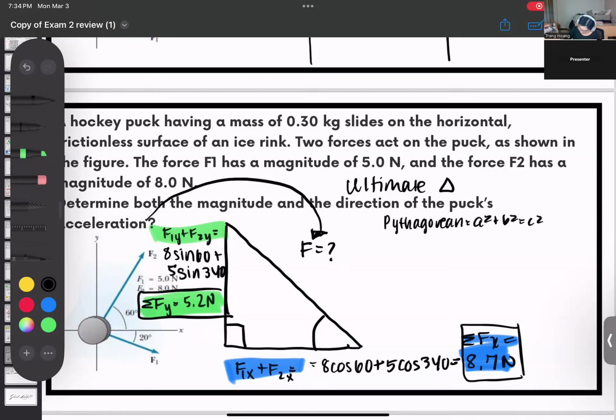So any of these two can be A or B, plus 8.7 squared is equal to C squared, square root of that, okay? So that should get you, I don't think I actually did this. So now I've solved it before, but I solved it using a different method.